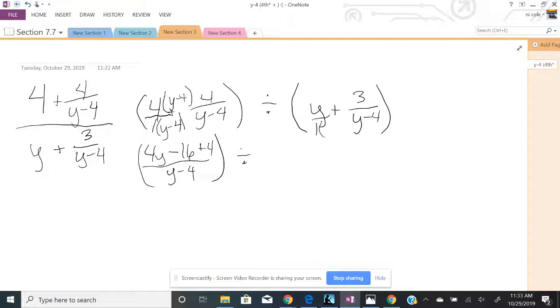So I'm going to multiply both sides by y minus 4. So I've got it to be able to divide by, then I'll have y squared minus 4y plus 3 all over y minus 4.